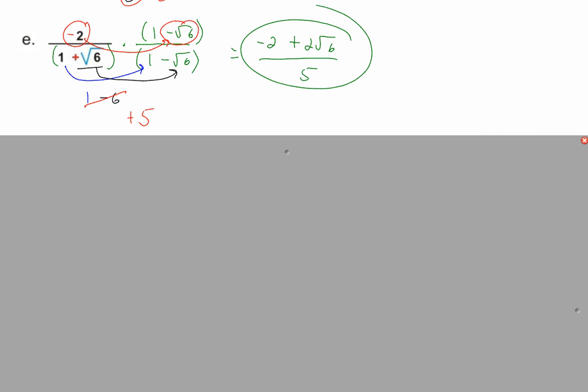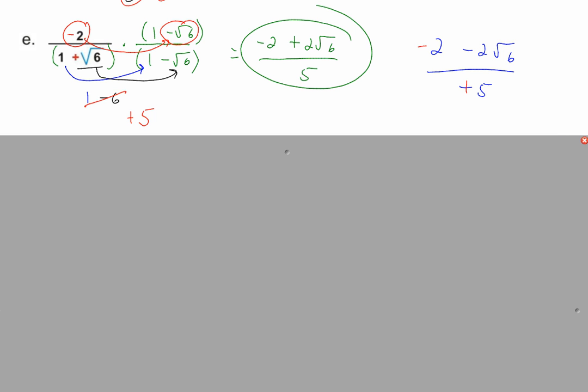Okay, so watch. Let me show you what would have happened if I left it in the bottom. So if I left it in the bottom, my top would be 2 minus 2 times the square root of 6 over negative 5. Now, everybody should be paying attention to this because I still have Algebra 2 students making this mistake. And this is what they do.